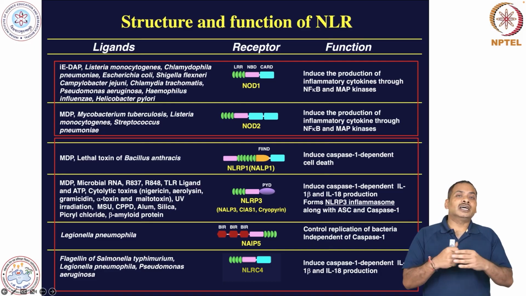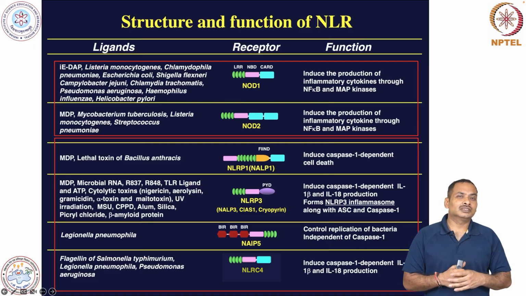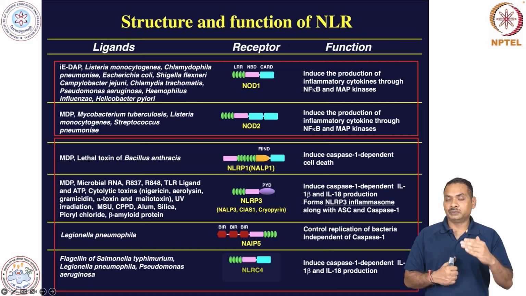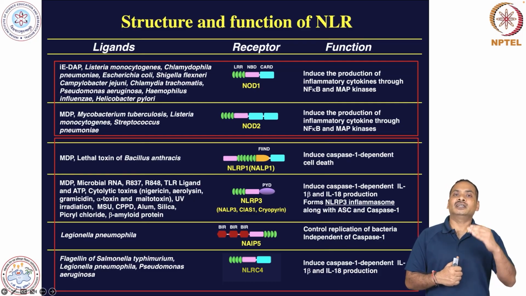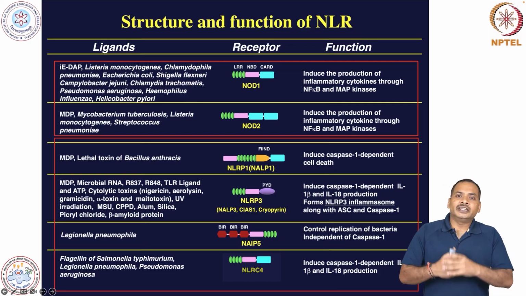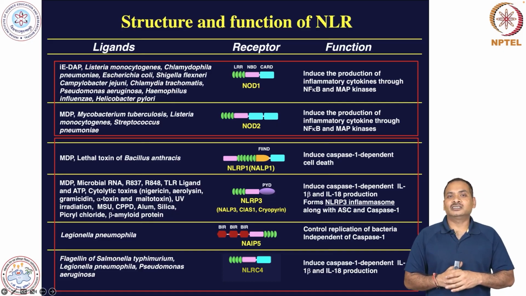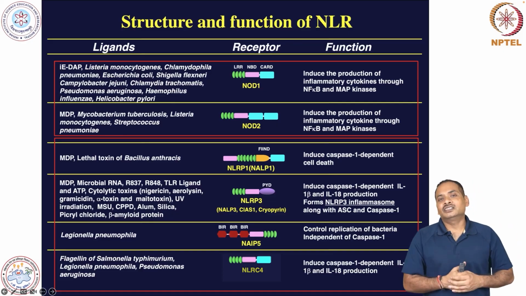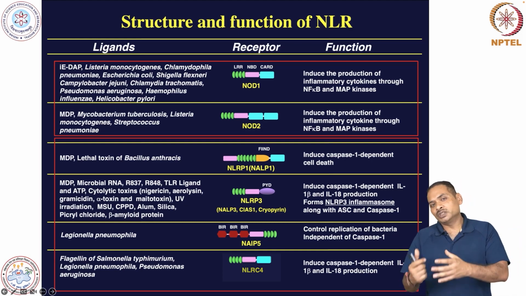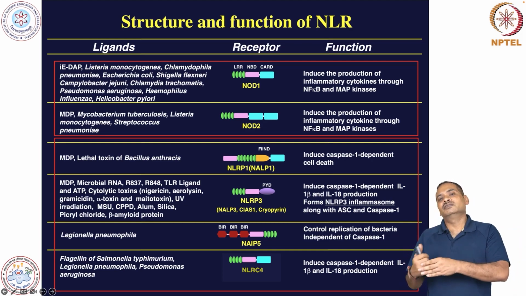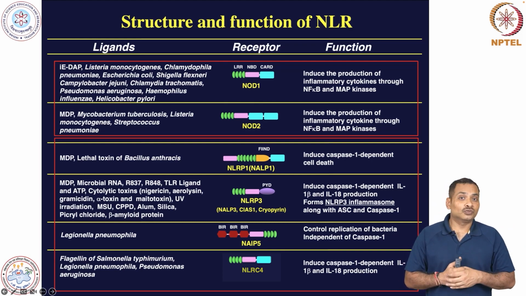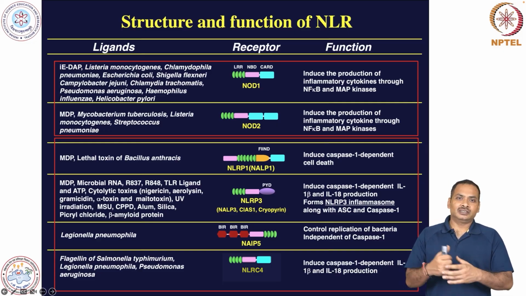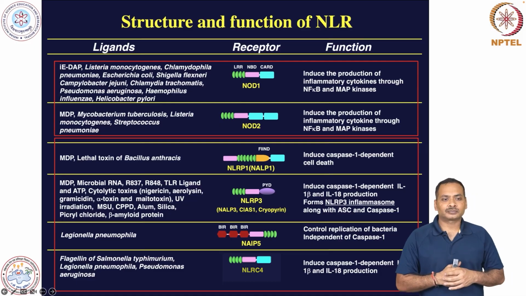Okay, and the IL-1 family consists of several cytokines, but the key cytokines are IL-1 beta, IL-18 and IL-33. Initially, these cytokines are synthesized in inactive form, and once these proteins get activated, they make a multi-protein complex, and then they induce the mature form of IL-1 beta. I will tell you the signaling in a subsequent slide.